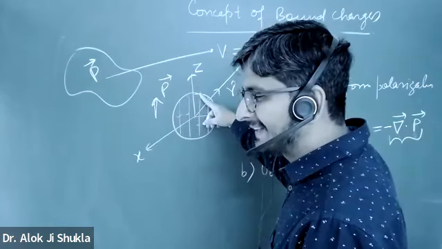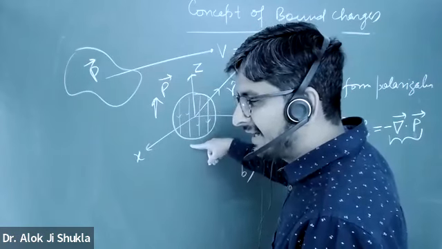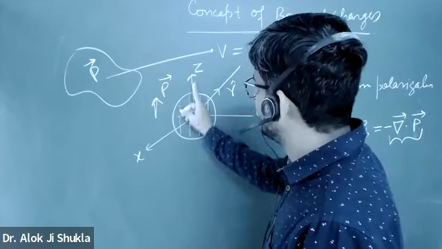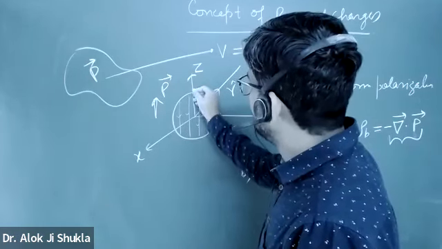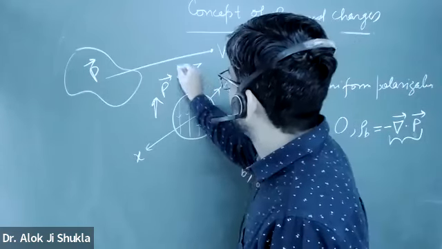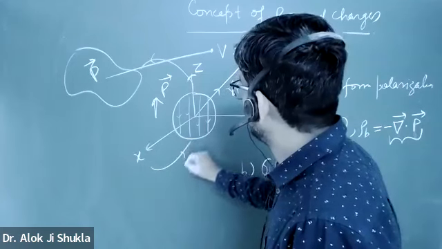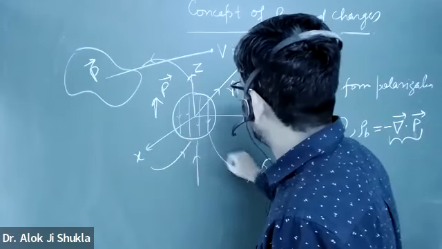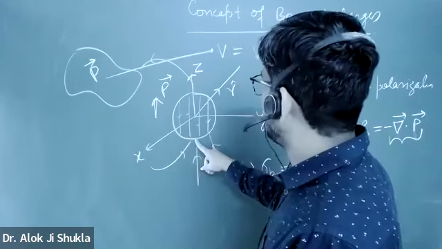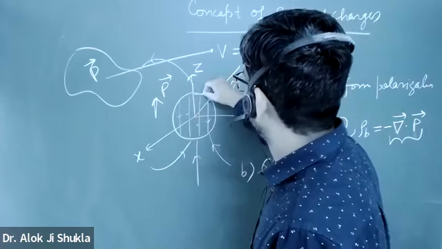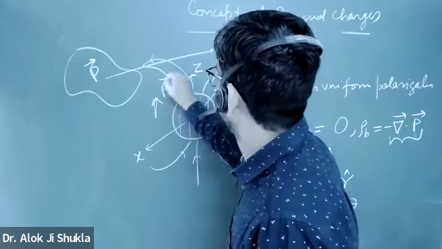देखो उसी concept से सब आ जाता है. If you think positive here, negative here, because dipole moment is this side. And outside, because positive is here, so outside it will be going like this, right? It will be entering like this from outside. Because here you have negative charge, here you have positive charge. So it will be going like this.